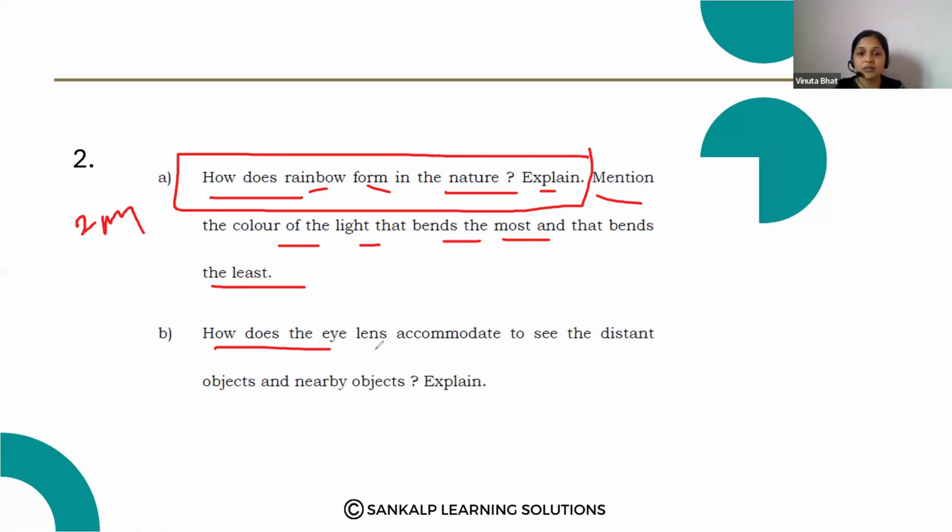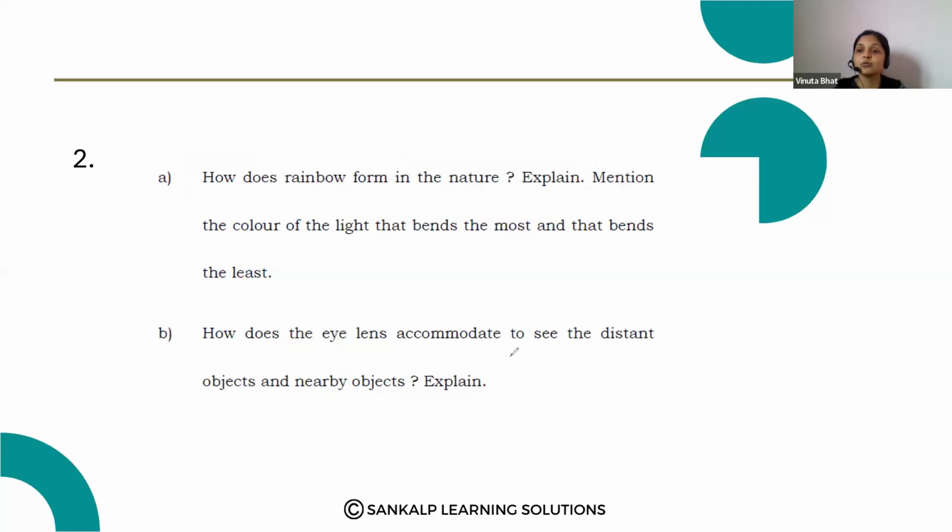And again, how does the eye lens accommodate to see the distant objects and the nearby objects? I kept both these questions here to show you how questions repeat in a different question paper. This is the repeated question, same as the previous one we solved.